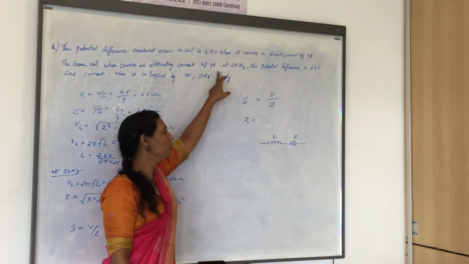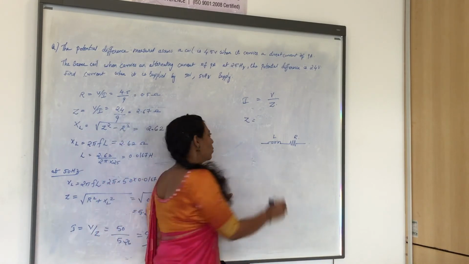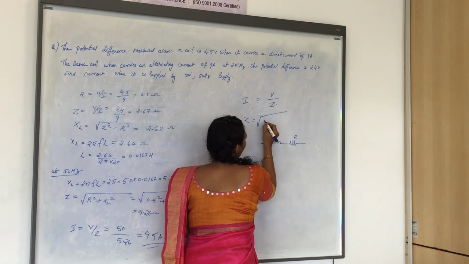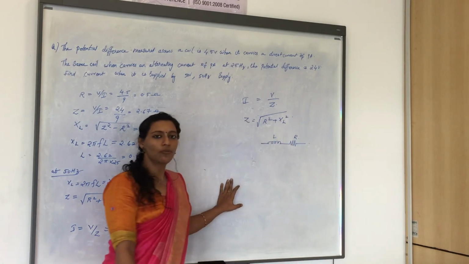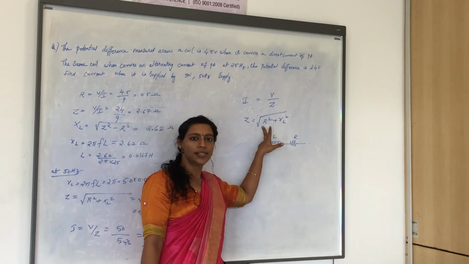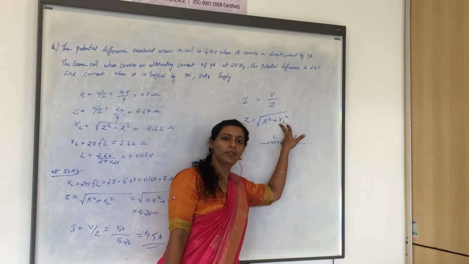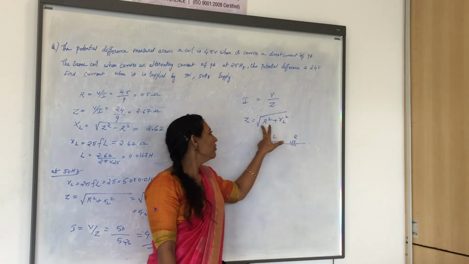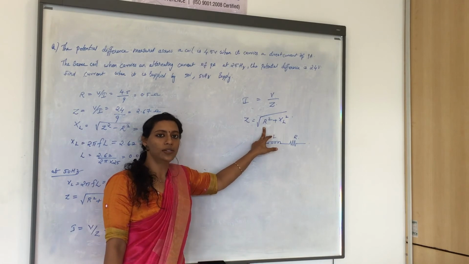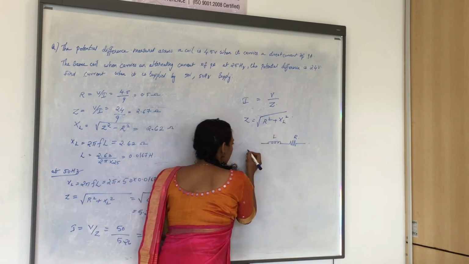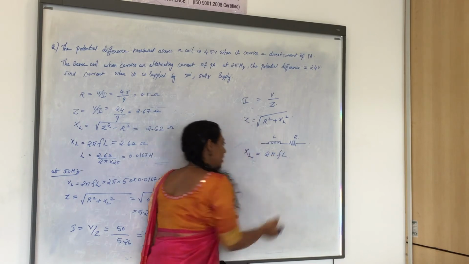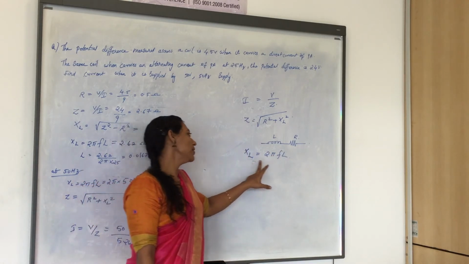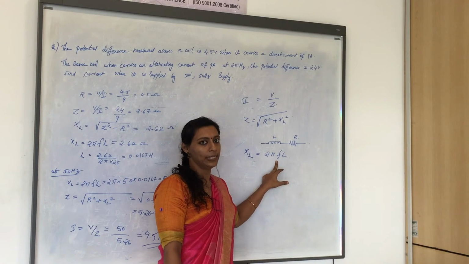The impedance value Z is equal to root of R square plus XL square. So first we have to find the resistance value and inductive reactance value. Resistance value is constant, while XL is equal to 2 pi FL, that is, inductive reactance depends upon the frequency.